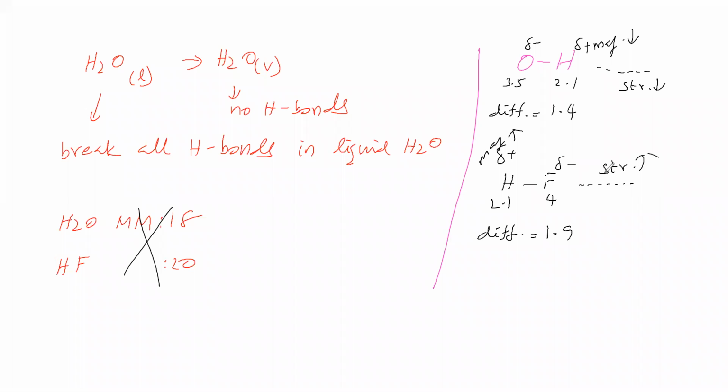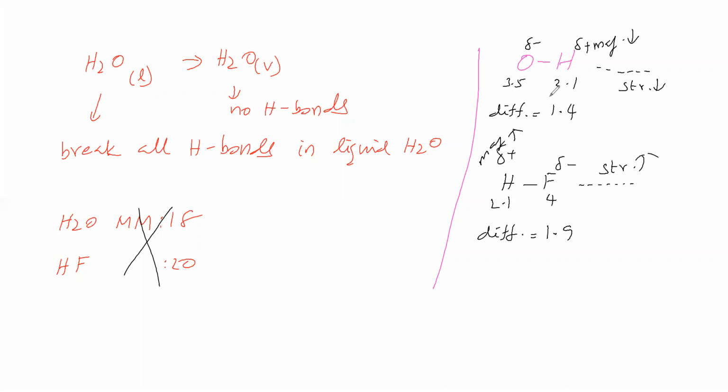So, if the strength of hydrogen bonding is high, then the boiling point should be high, isn't it? We have to break the hydrogen bonding, which means we have to supply energy. If the strength is more, more energy we have to supply, isn't it? So this strength is more, so more energy we have to supply. Therefore, this boiling point is more when compared to this.